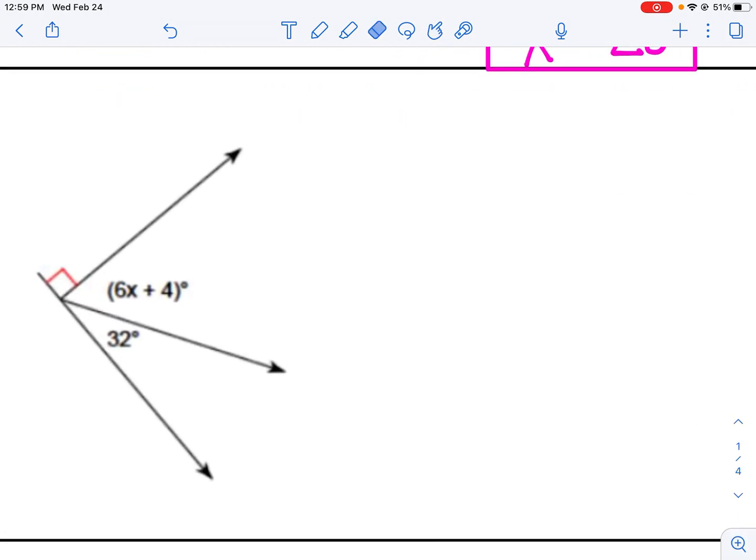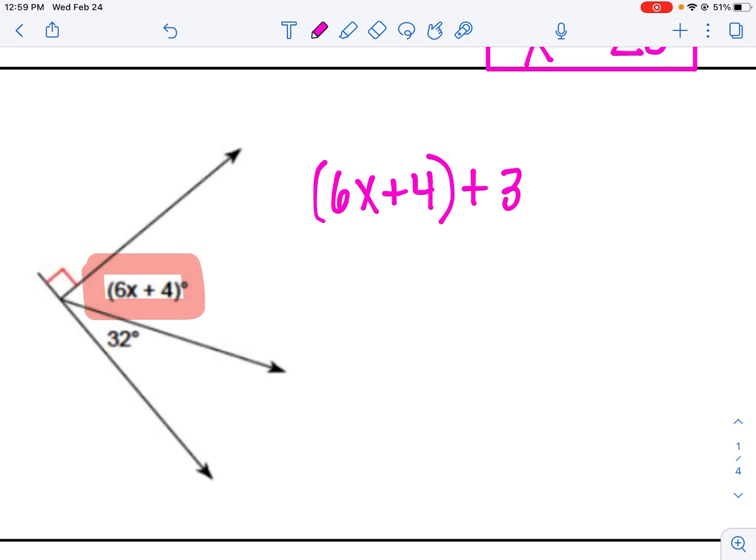In this next one, I have an expression as one of my angles. So I'm going to write that expression with its parentheses. My second angle I'm going to add on is 32 degrees, and these are still complementary, equaling 90. I must combine my like terms before I can move on to solve for x.